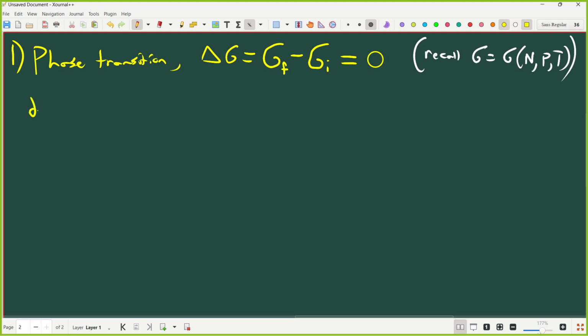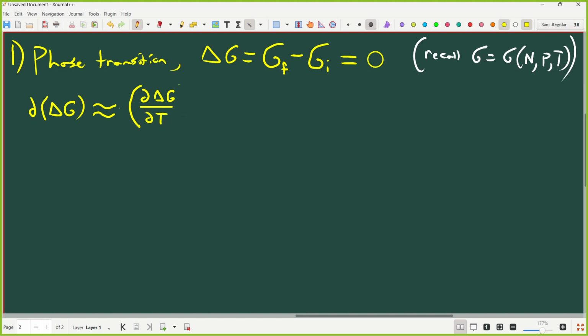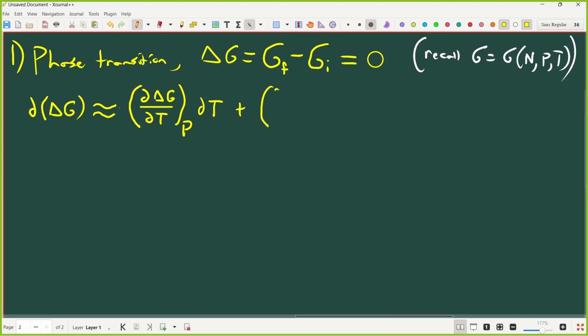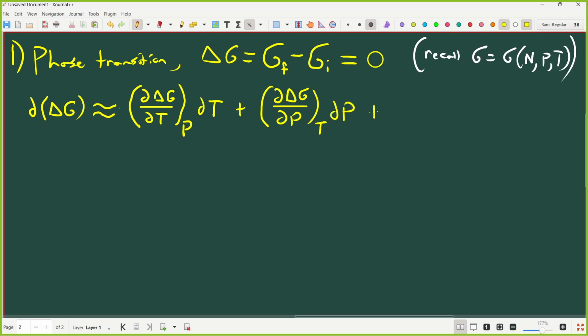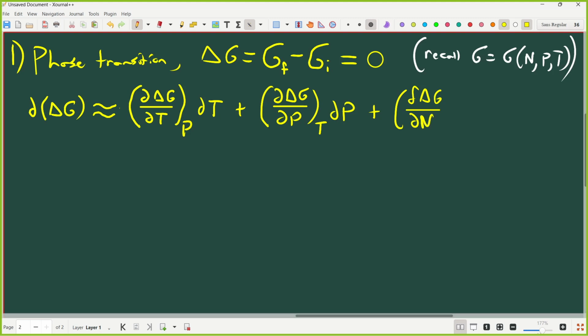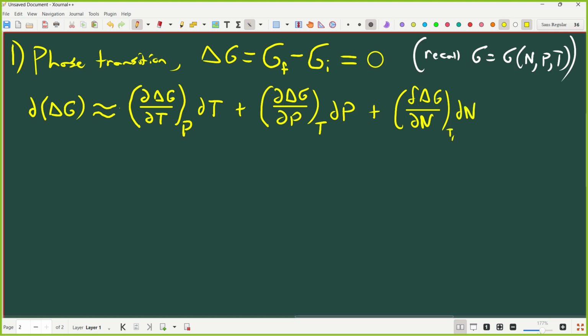So we could write that the change in delta G looks like the derivative of delta G with respect to temperature at constant pressure, dT, plus the derivative of delta G with respect to pressure at constant temperature, dP, plus the derivative of delta G with respect to the change in the moles of the material, dN. This is at constant T, P.